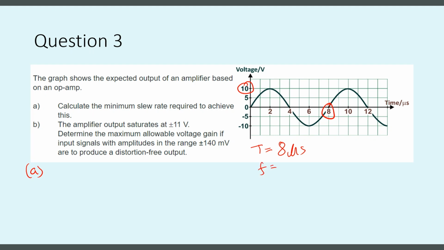So the frequency is 1 over 8 times 10 to the minus 6. So that is 125 kilohertz, because that's 1 over 8 microseconds. That's 125 kilohertz. So we've got the time period, we've got the peak voltage. We can put that into the equation.